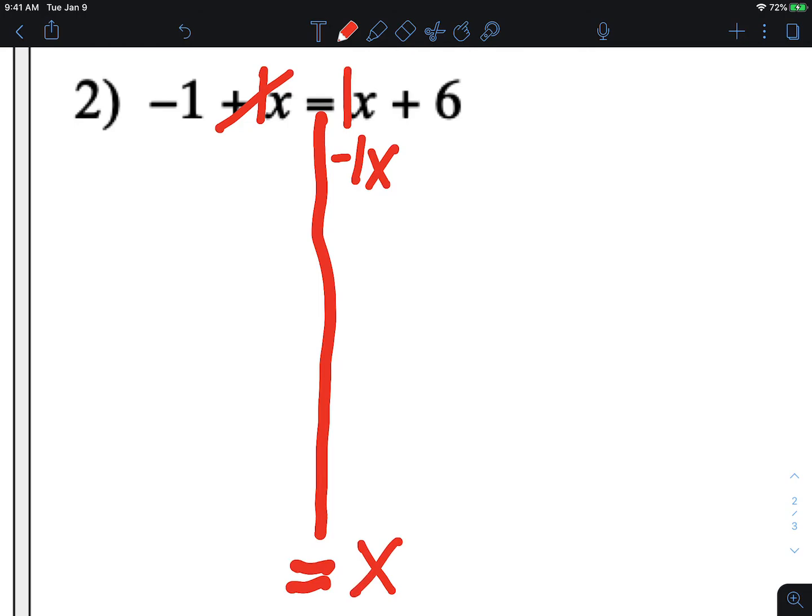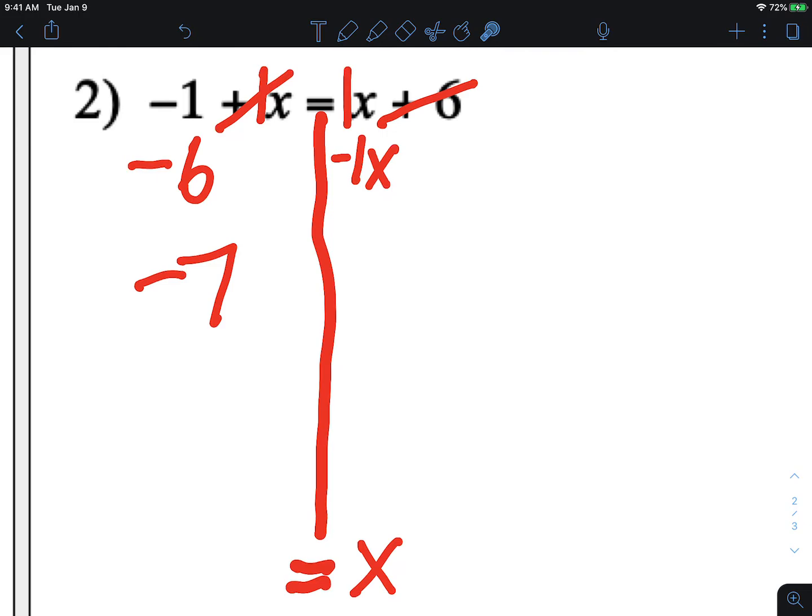All right. So that means that I'm going to bring this plus 6 over to this side, and I'm going to cross out plus 6, and it's going to become a minus 6. So I have minus 1 and minus 6 are the same signs, so I add them. 1 plus 6 is 7, and my 6 is bigger than 1, and 6 is a negative, so that means that 7 is negative as well.